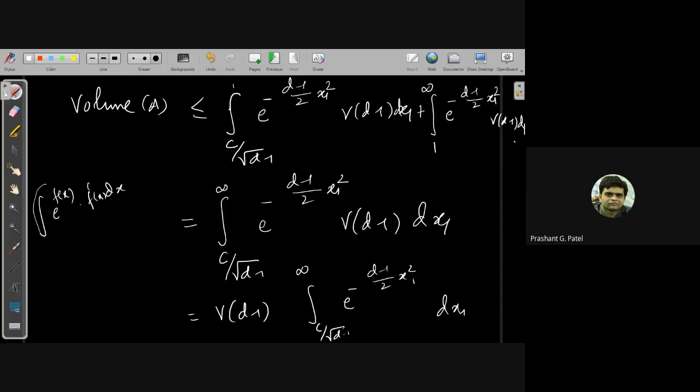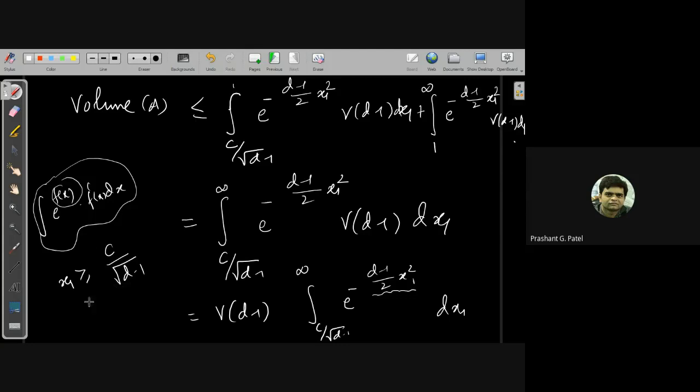So I want to set this thing here, e power f(x), where instead of f(x) we have this quantity. The derivative of this quantity is 2, so it is (d minus 1) x1. But that quantity is not bigger than this something. So what we'll do is, we already have x1 is bigger than c by square root of d minus 1.